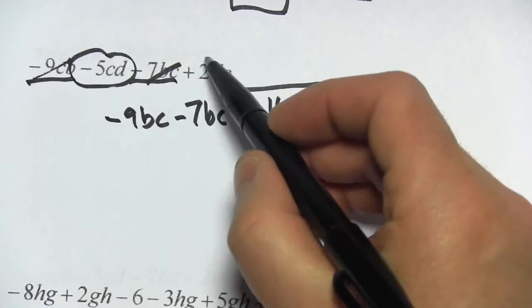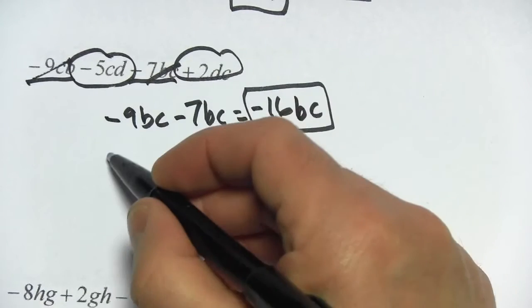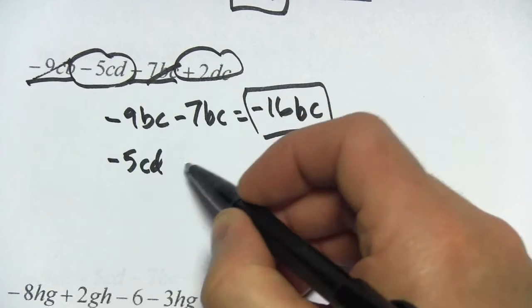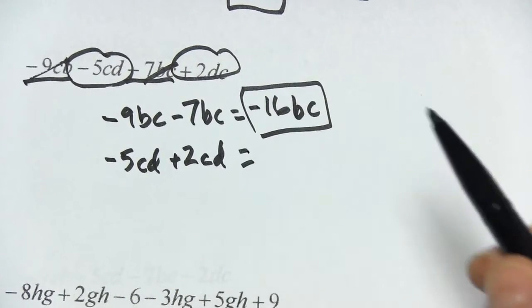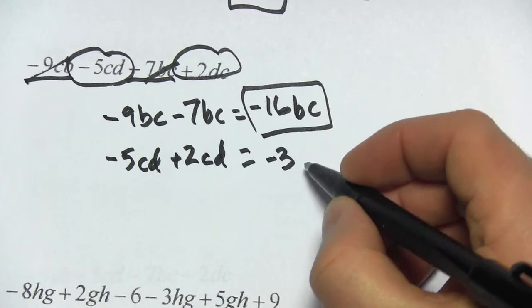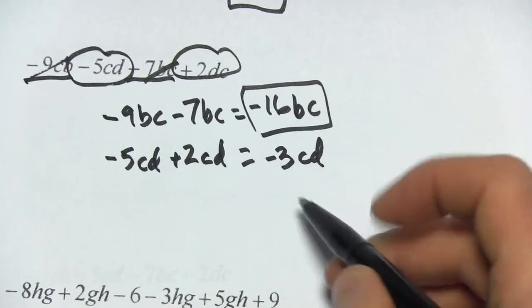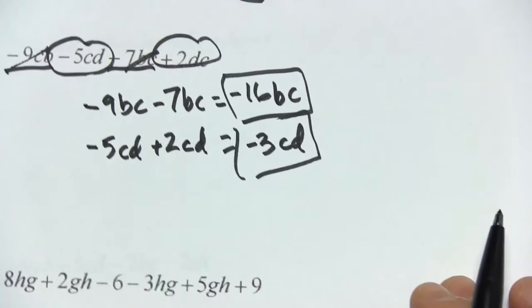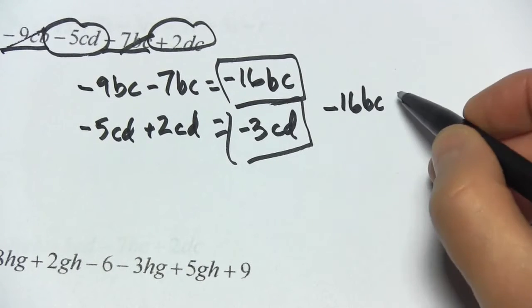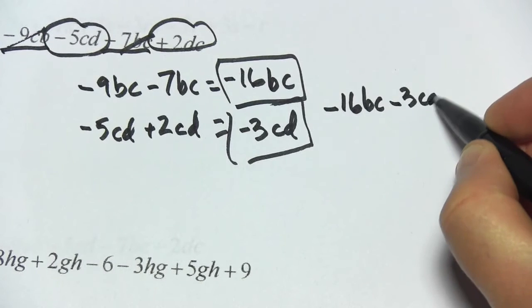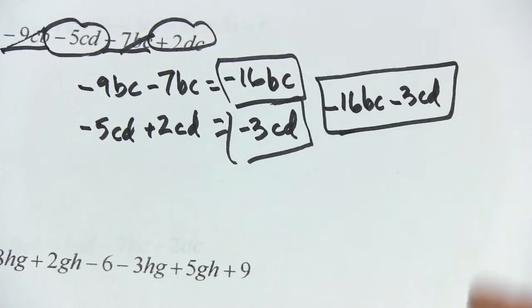So we've got negative 5 and a positive 2. So negative 5cd plus 2, and I can write that as cd. That's going to be a negative 3cd. So that's part of our answer. Now we just need to put that together. So we'll put a negative 16bc minus 3cd, and that is our answer.